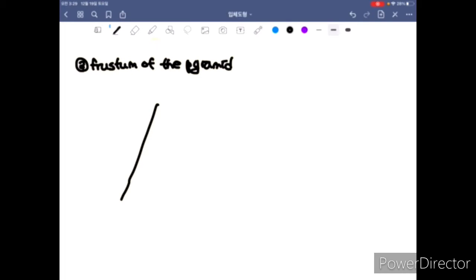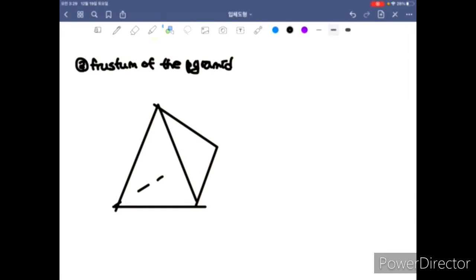Now the next one is the frustum of the pyramid. The frustum of the pyramid is a bit like taking off the top part of the pyramid. So for example, to draw something, we know that this is a pyramid.